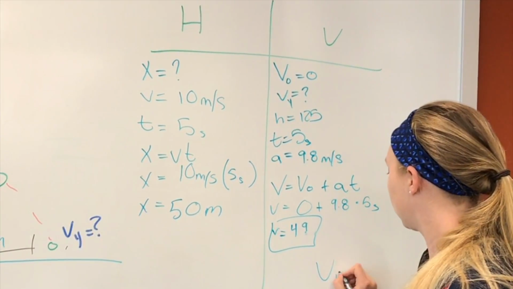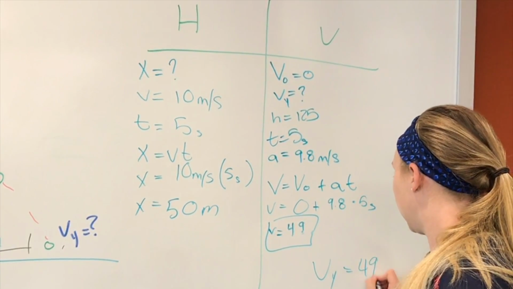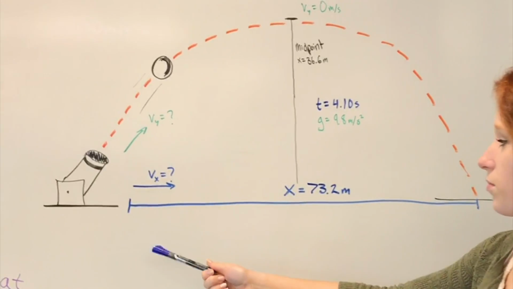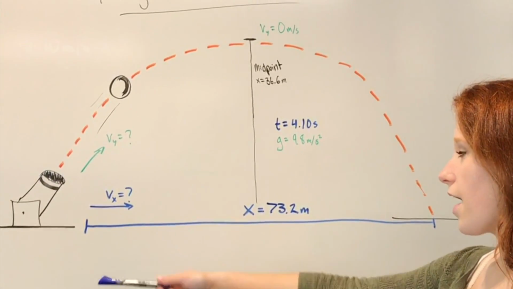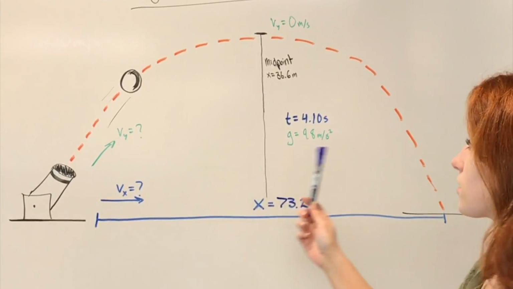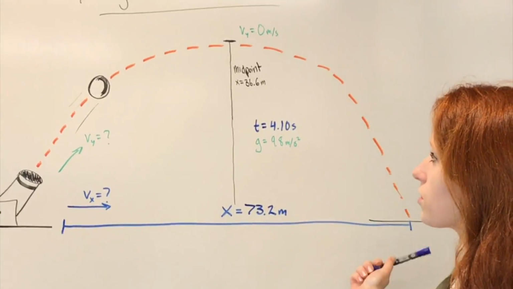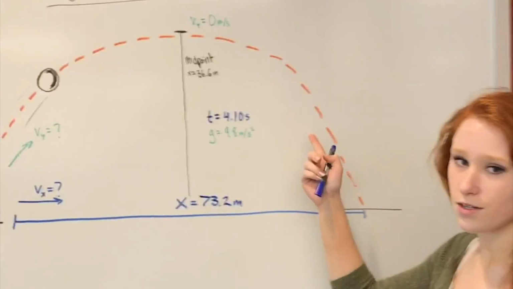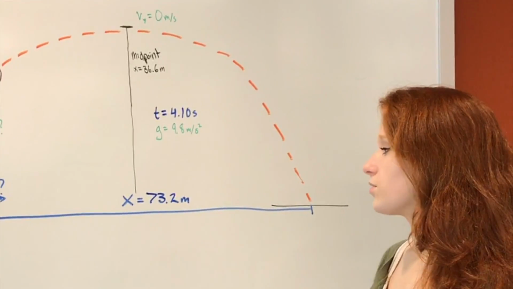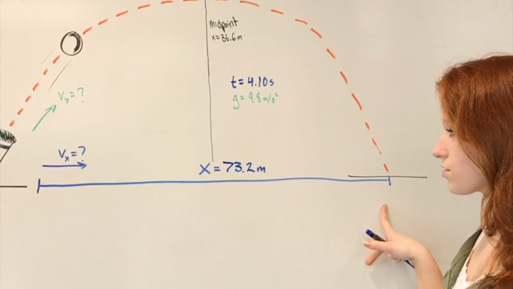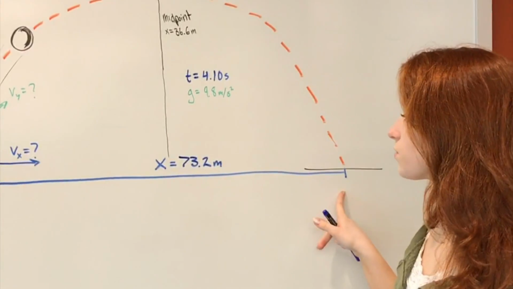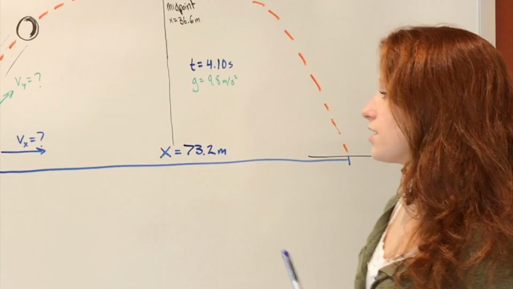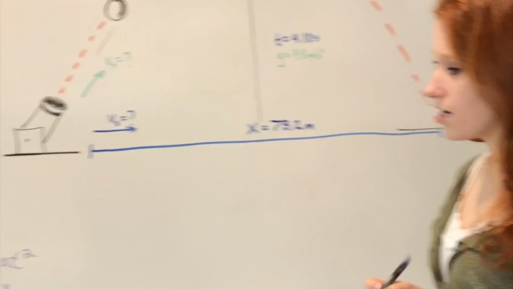So Vy equals 49. For this problem, we're going to talk about a cannonball being fired from the ground at an angle, and it has projectile motion where it's a parabola curve, and it comes back and hits the ground in 4.10 seconds. We know that the total distance it travels from its starting point to its end point is 73.2 meters. We're going to try to find the horizontal velocity.